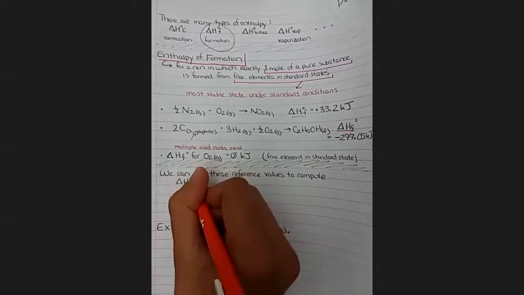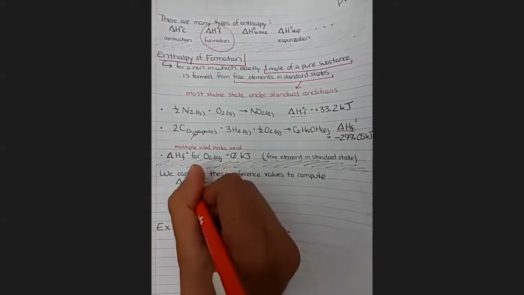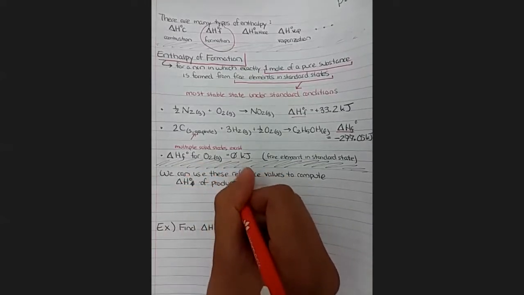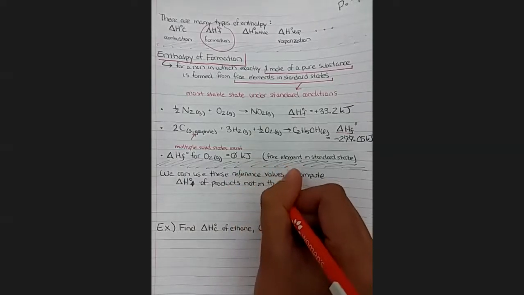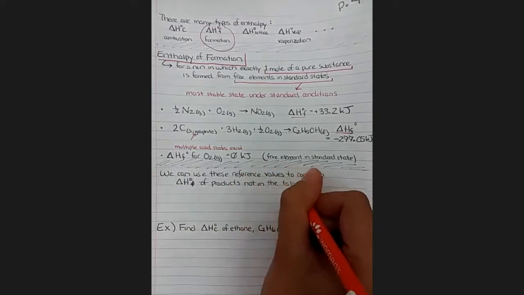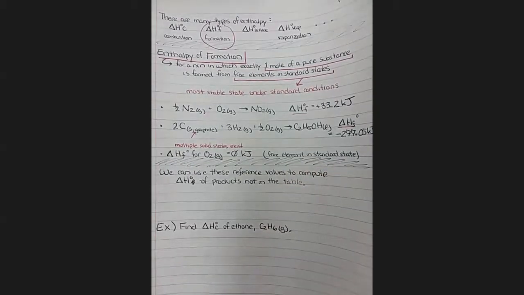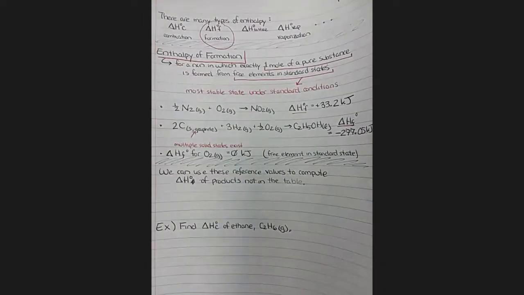Standard delta H of formation, just delta H of products not in the table. Sometimes a compound is too difficult to measure, and if you want to find it, then you can calculate it by taking the sum or the difference of other compounds. And we are going to switch pens.